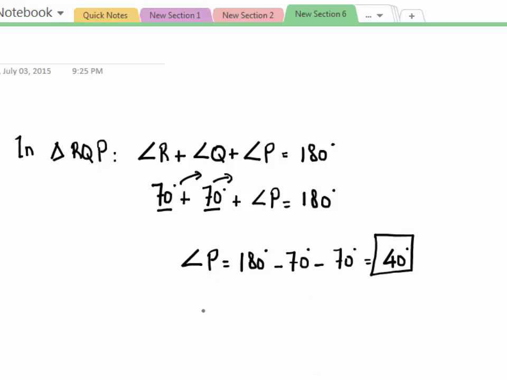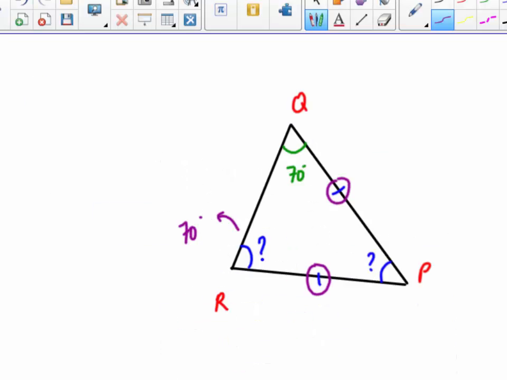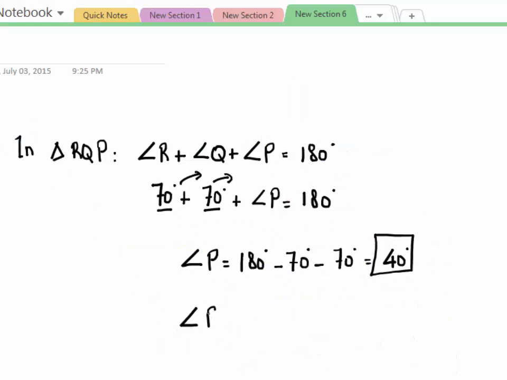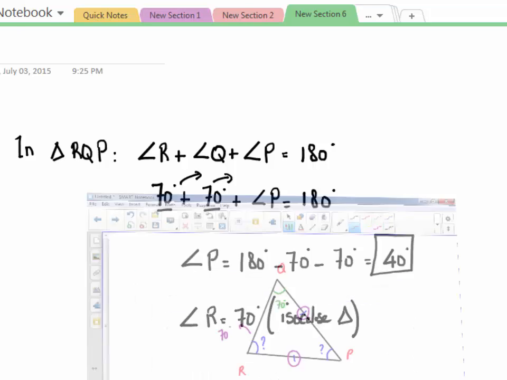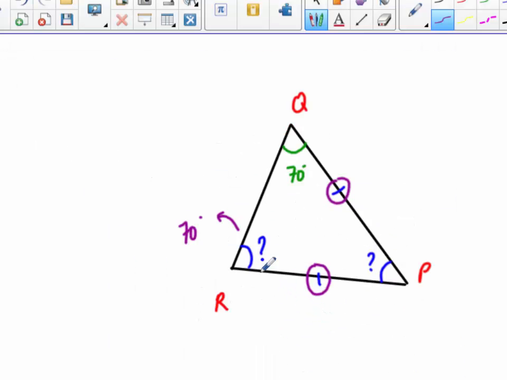So I found angle P, and angle R, which was unknown, I found it equal to 70 degrees. Why? Because this is an isosceles triangle. So in this way we found the two unknown angles.